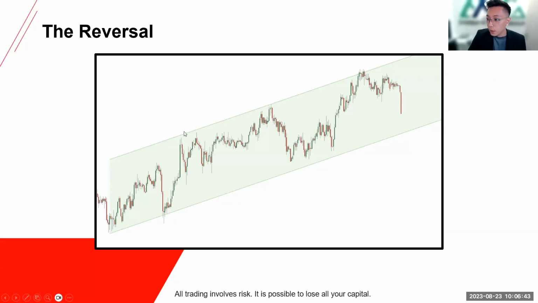Each time price touches the end of the channel, we can use this as a resistance level for the channel. Price has reached this channel's resistance and actually fallen downwards. You can see this very long bearish candle means that it is very bearish and going towards the support level of this channel. Okay, that's just the main gist of a reversal.